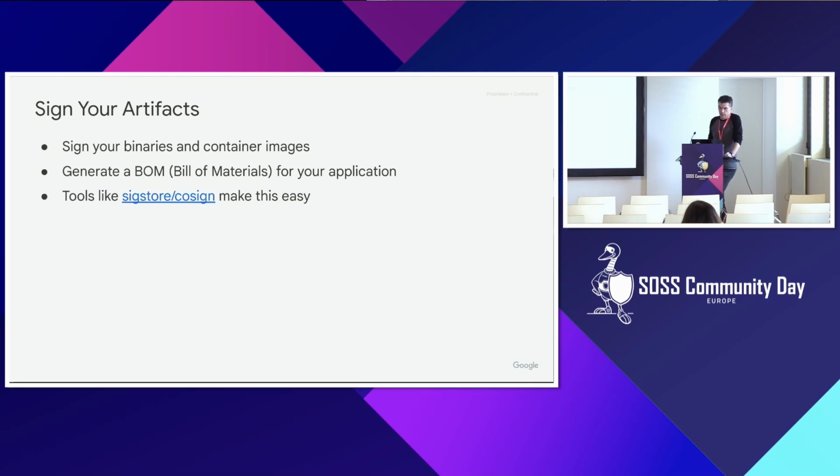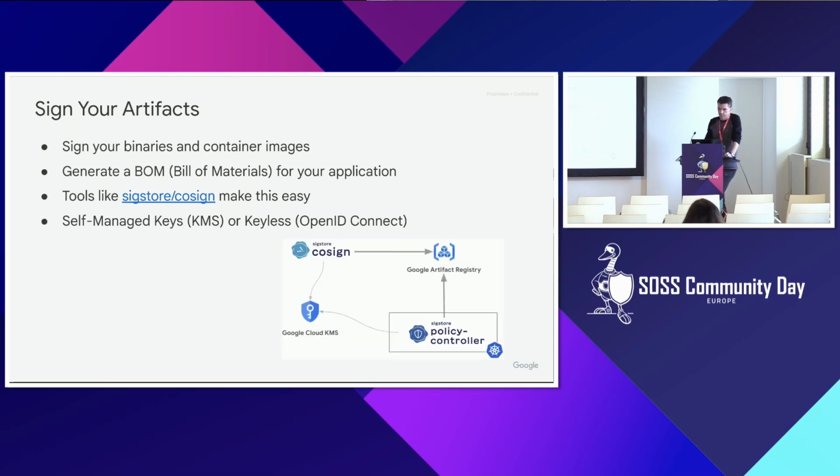That's also a good practice to really understand the set of dependencies used by that application. We all know there are a number of tools, like sigstore and cosign. I think it's now an established tool to use, and it's relatively easy to use. We have an example here, where we can use it in different modes. There is the self-managed key: if we have access to a KMS, we can store the keys in the KMS and then fetch them and run the signing process.